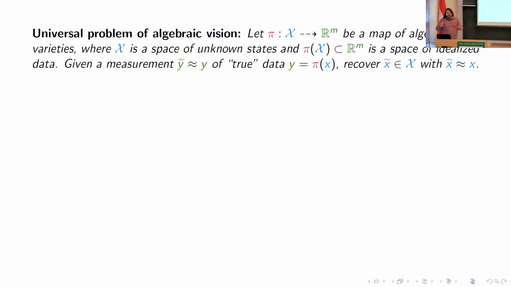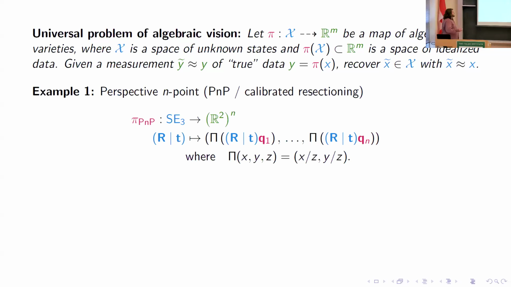But of course, the measurements are noisy, and they might not lie in the image, or even up to closure, they might not lie in the closure of the image. And so almost every problem in algebraic vision is either directly solving or motivated by a version of this problem where your goal is to recover some approximation of the input signal. Maybe this is even a general way of looking at applied algebraic geometry. But at least for the purposes of this talk, I'll try to tell you that it's useful to think about all the various problems in this framework.